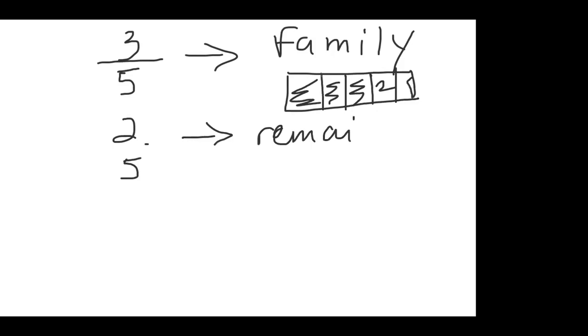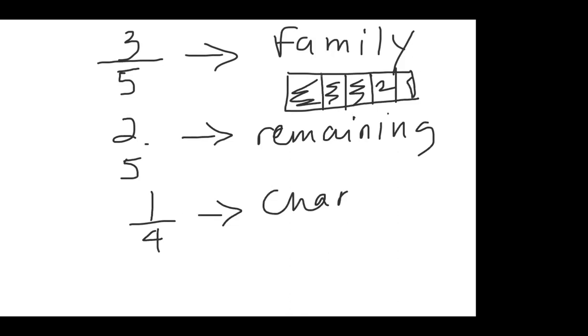Now, out of the remaining estate, the 2/5, this time let's say 1/4 is going to go to charity. If 1/4 is going to charity, what part of the original estate goes to charity? So guys, essentially, once again, you're just simply doing this. 1/4 of the remaining estate.